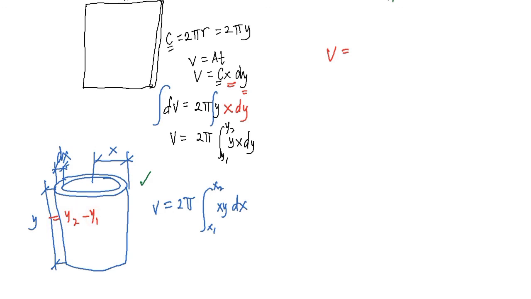So in this case, we have here 2 pi integral from x sub 1 up to x sub 2, and this y here is y sub 2 minus y sub 1. Ito yung y multiplied by x dx.